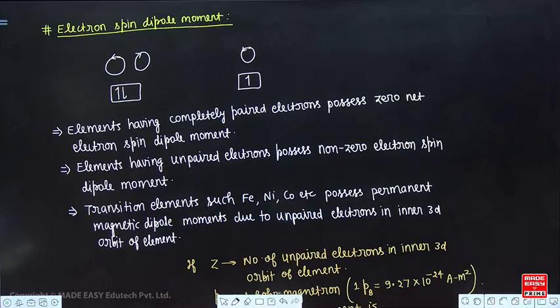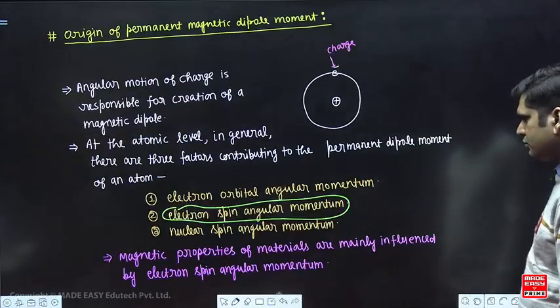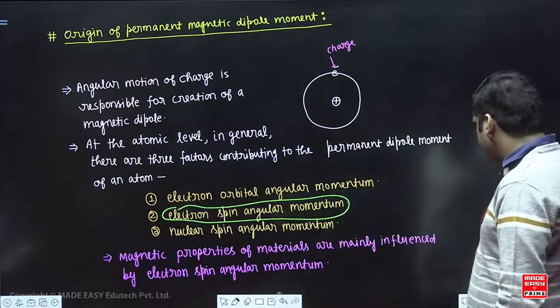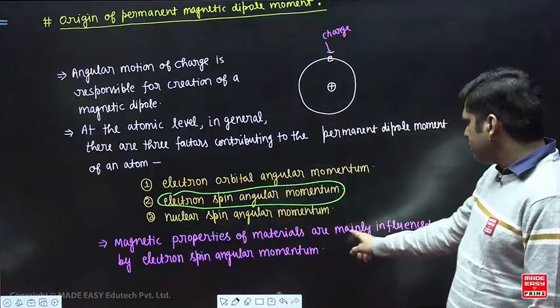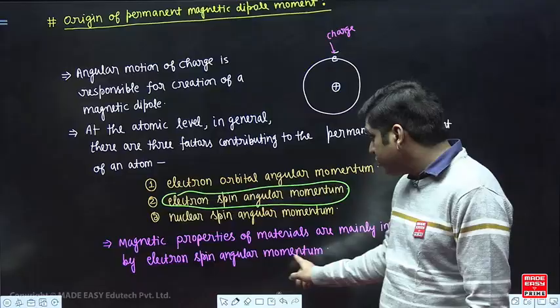I said that, Karthik, there are 3 factors which are responsible for the total magnetic behavior, but the remaining two we are neglecting. We are mainly concerned with magnetic properties of materials, which are mainly influenced by electron spin angular momentum.